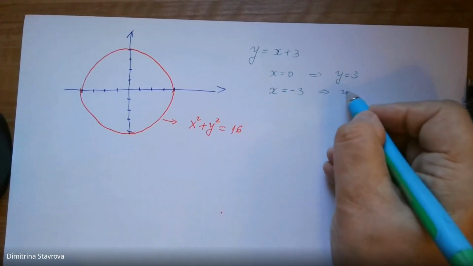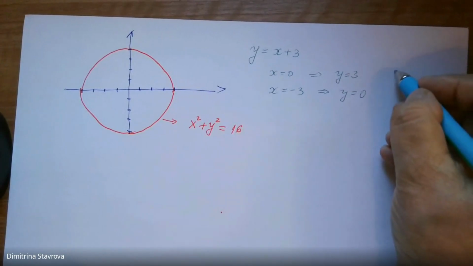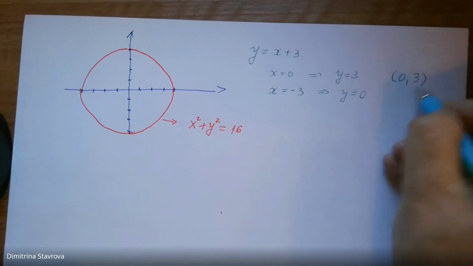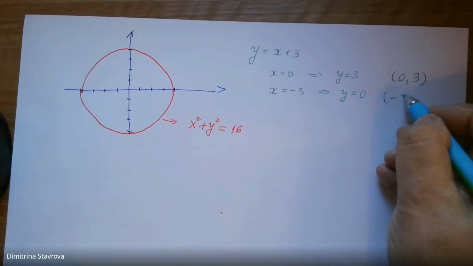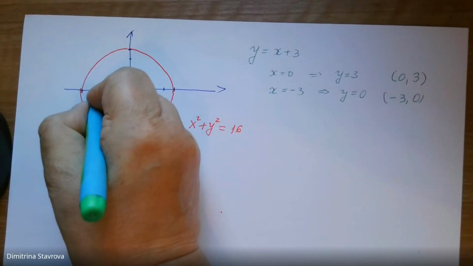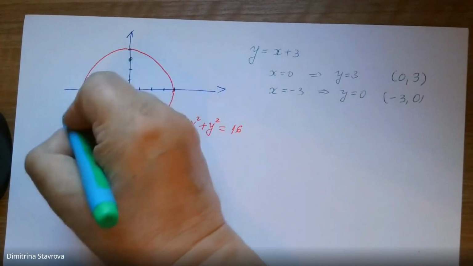Hence, this line passes through the points with coordinates 0, 3 and negative 3, 0. Negative 3, 0 is here. 0, 3 is here.